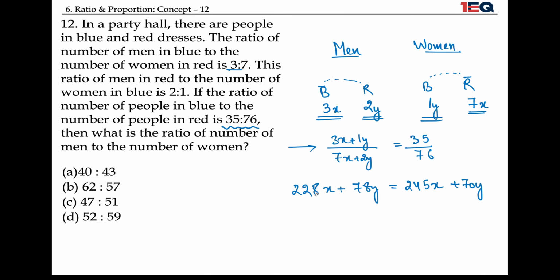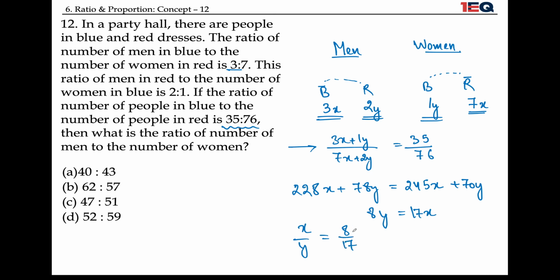Okay, so from here I can say that when 228 goes away, I get 12 plus 5, 17. This is 17x, and then there is 8y. So I get x is to y is equal to 8 by 17.